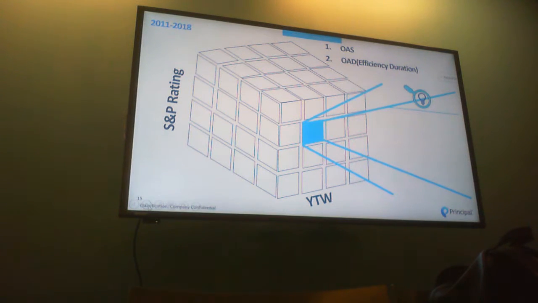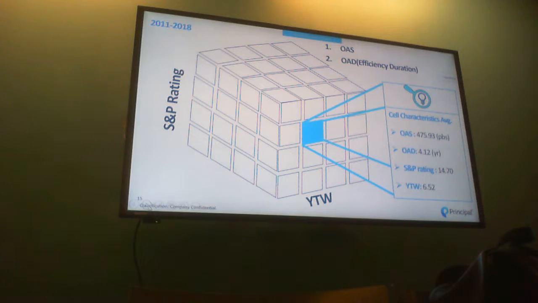So we decided to use the S&P rating, and then yield to worst, and also the OAS and OAD, which is the option-adjusted duration, to select our bonds. And for the average that we take from the index, the OAS is 475 points, the duration is 4.1 to 12 years, the S&P rating is 14.7, and yield to worst is 6.52.